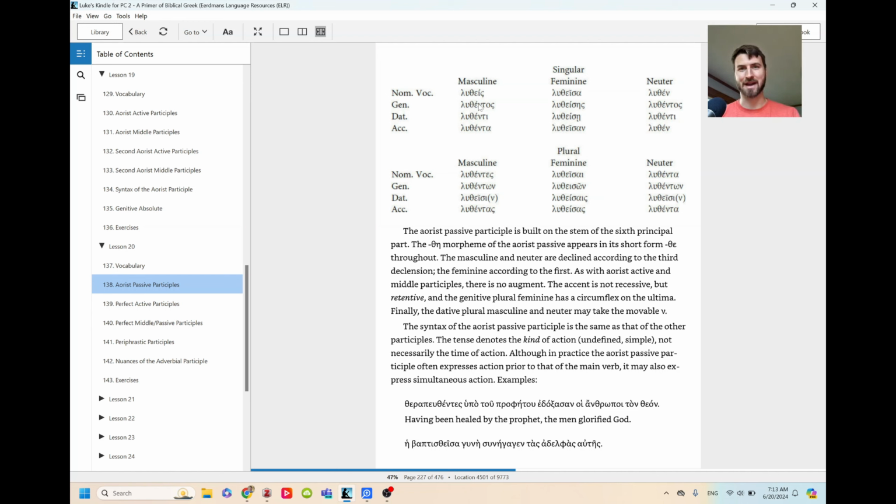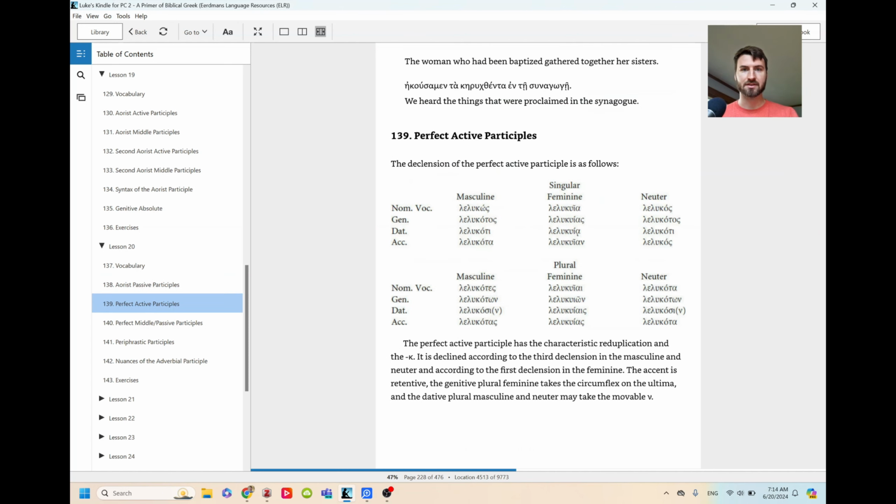So again, the aorist passive here uses what looks like active forms of the participle, even though it's passive, and you'll tell by the theta epsilon here. But the endings are third declension, first declension, third declension, as normal.